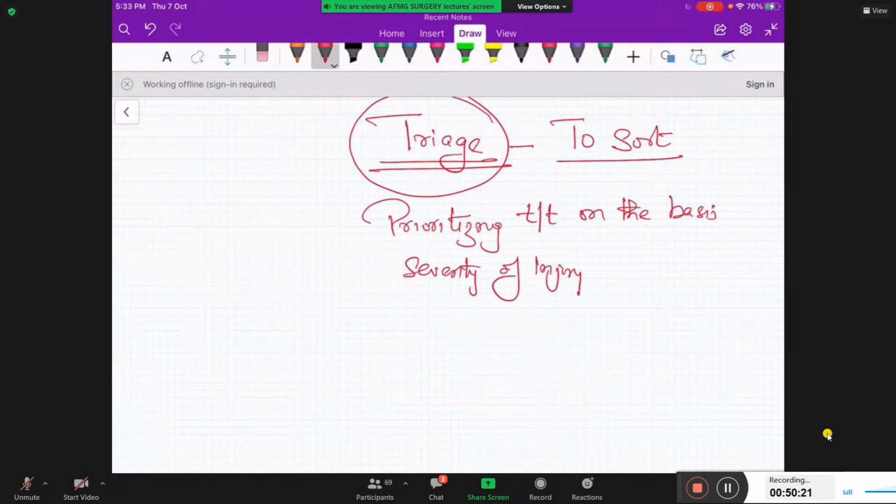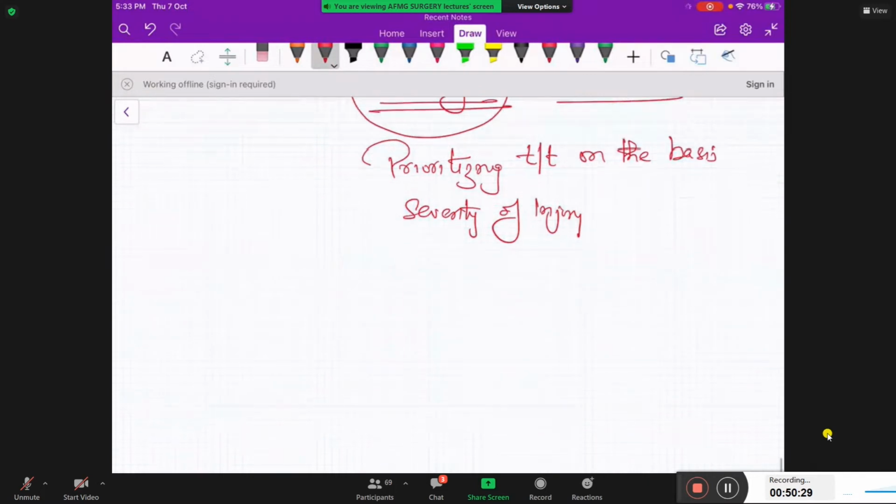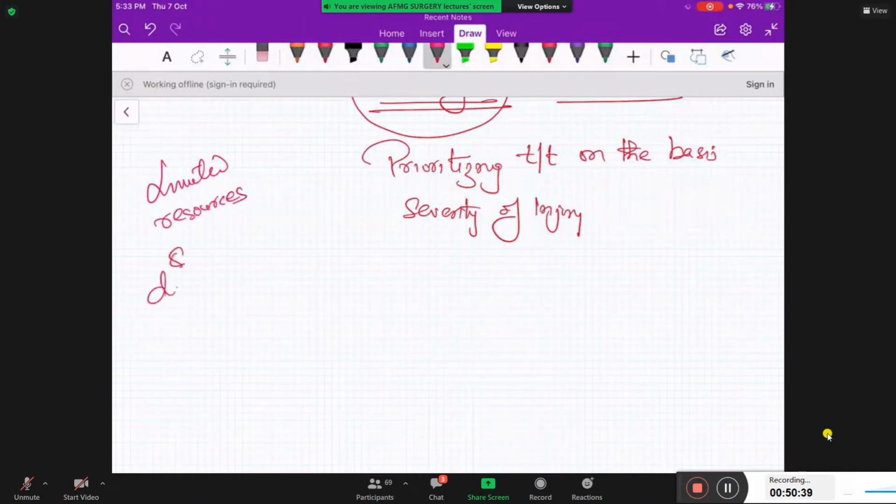Terms and conditions apply. We should never prioritize. But the issue of prioritization comes when we have limited resources and the demand is more. If the resources are less and the demand is more, we are left with no choice but to do triage.